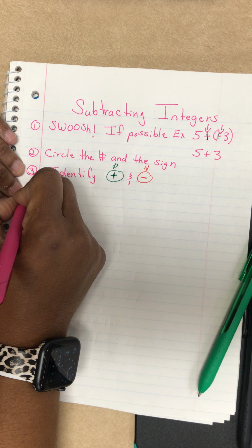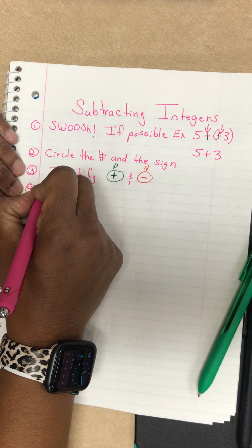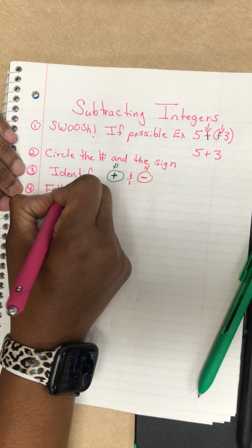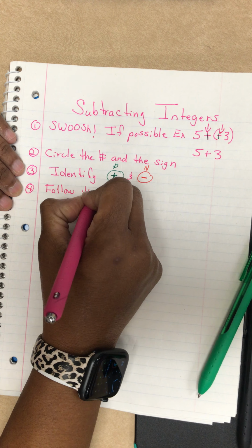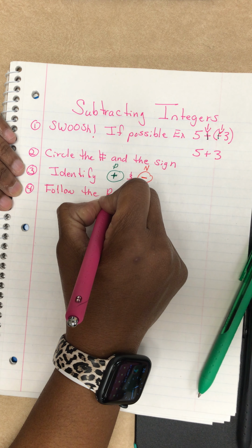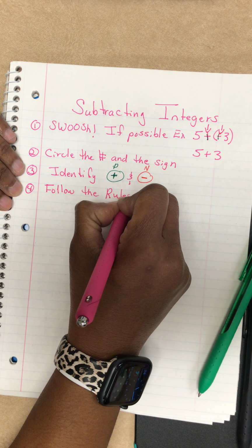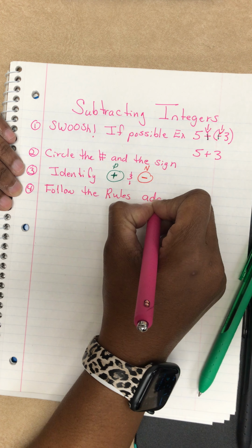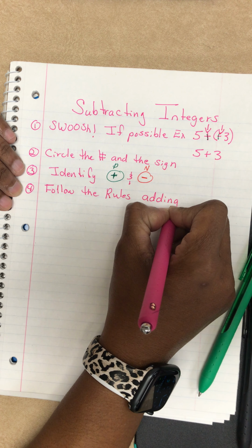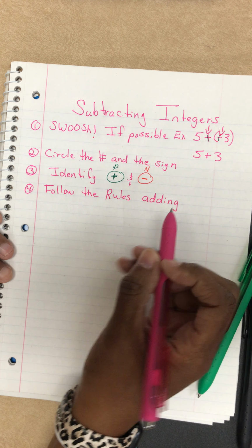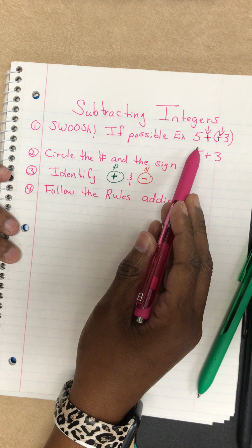And third, you're going to go back and follow the rules of adding. So you're going to put the signs together.